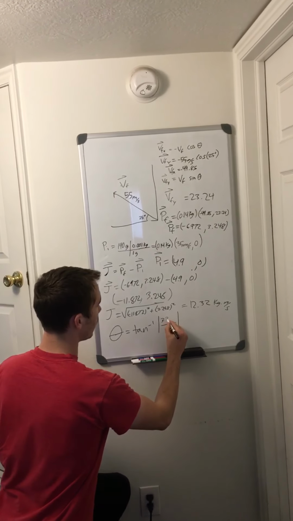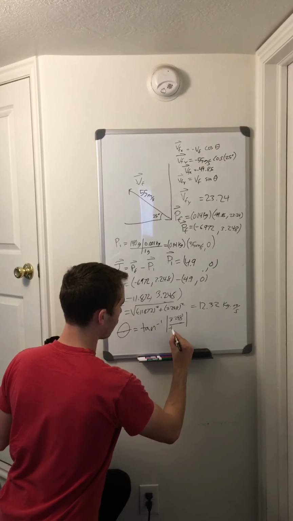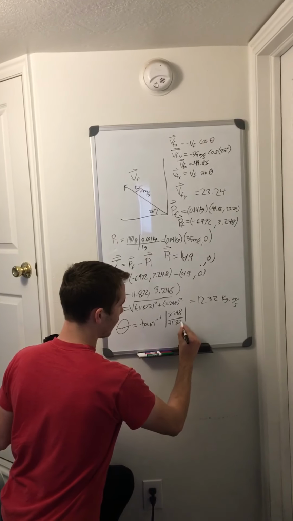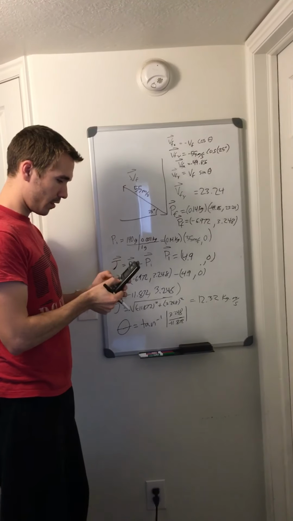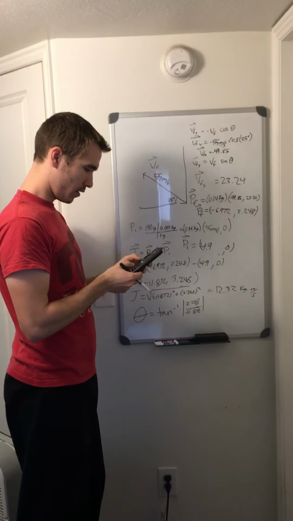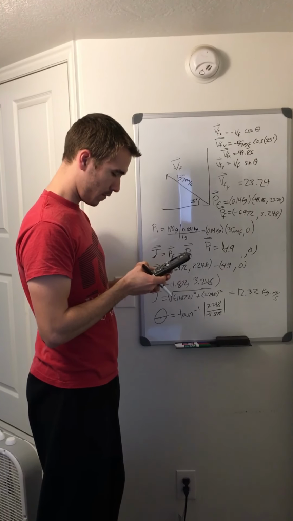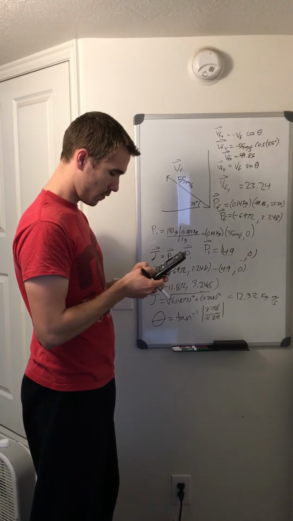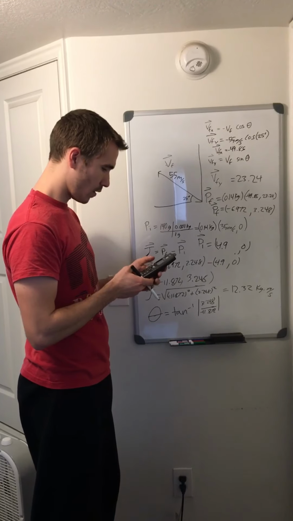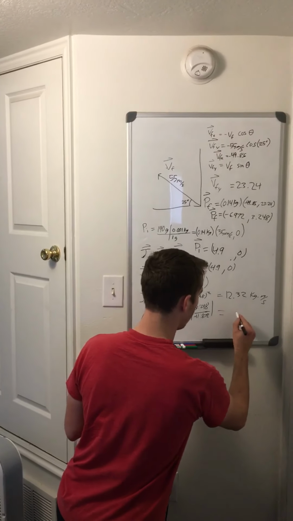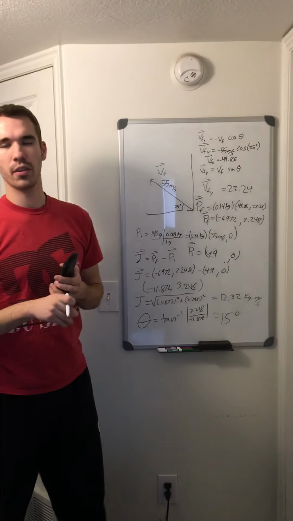So we get our y component on top, our x component on bottom, and it's the absolute value of that, so there will be no negative in the end. But once we run that through a calculator, we should get approximately 15 degrees. And that should be our angle of the impulse.